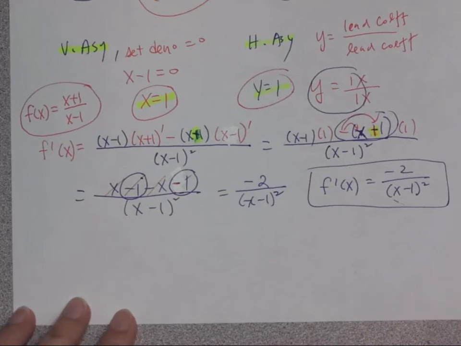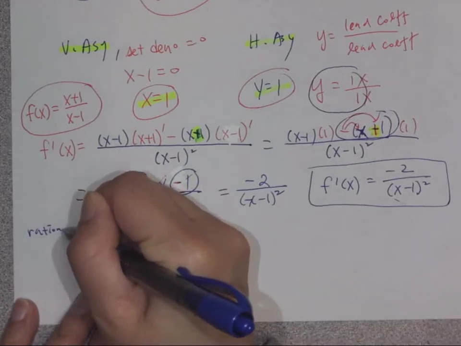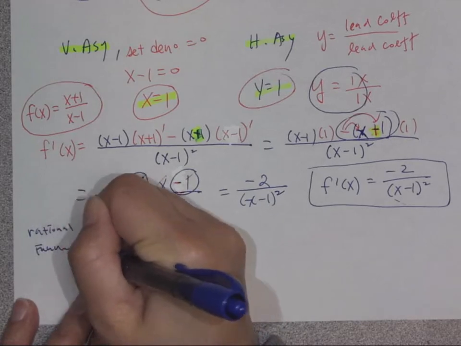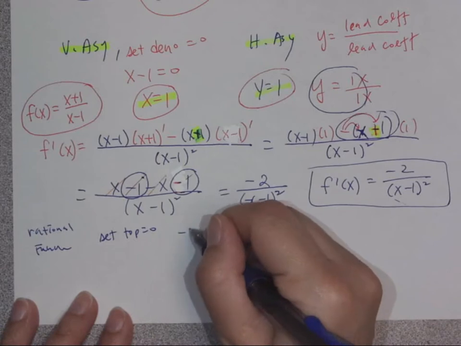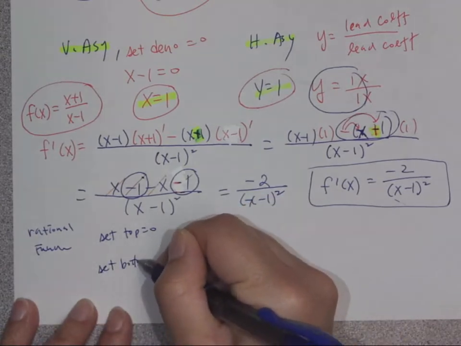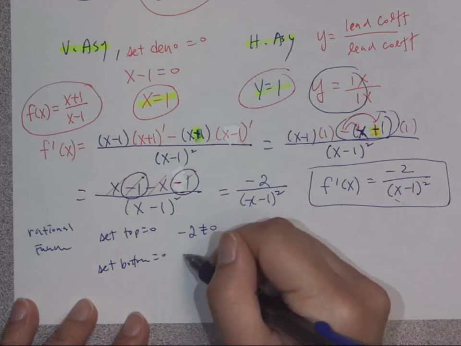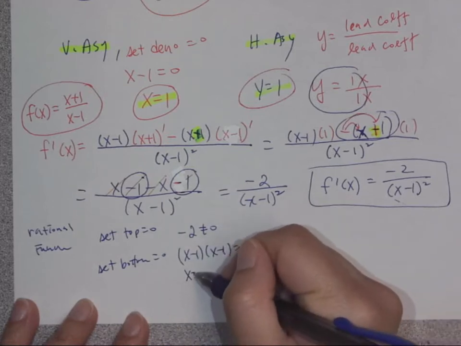Using that, if we set the top part and the bottom part equal to 0, we can find a critical number. So for the rational function, we set the top equal to 0, which is negative 2 cannot equal 0, and then set the bottom part equal to 0, which is x minus 1 times x minus 1 equal to 0, x equal to 1.